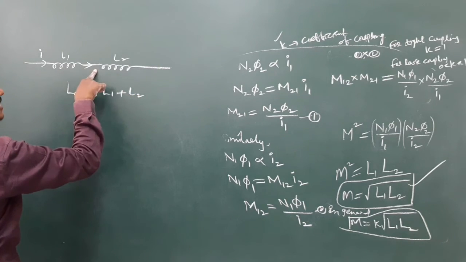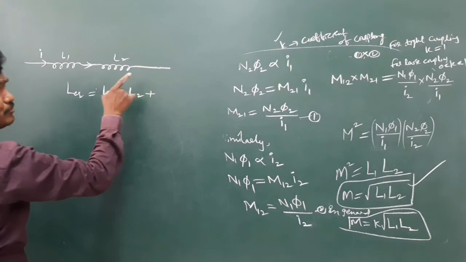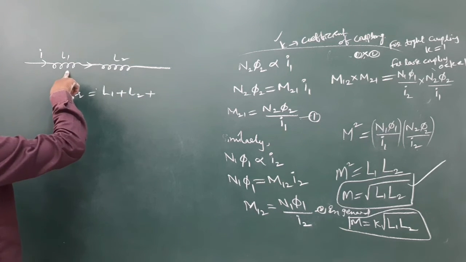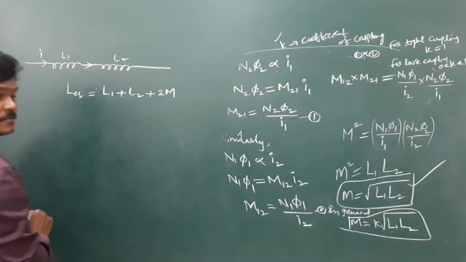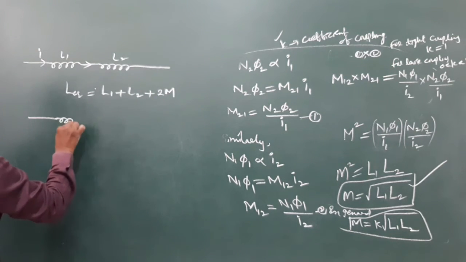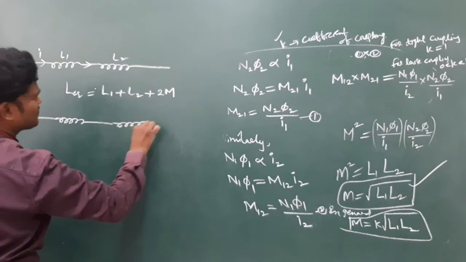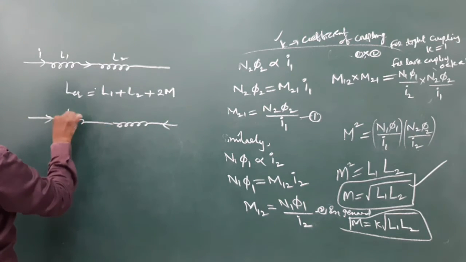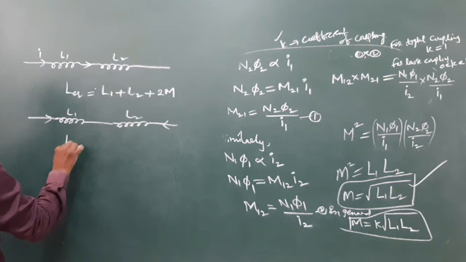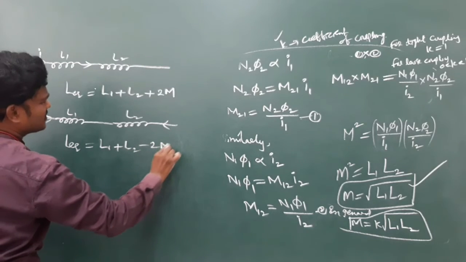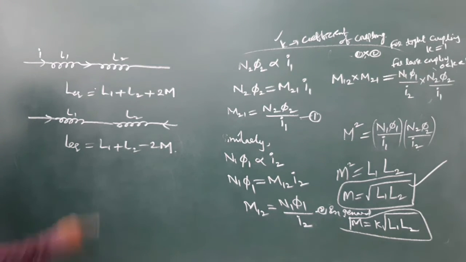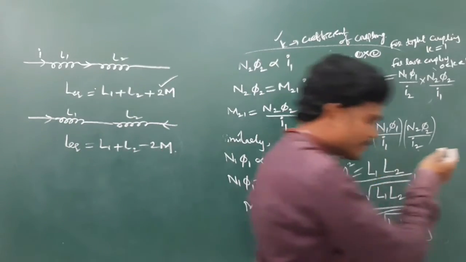If currents are in the same direction, there will be a mutual inductance of 1 with respect to 2 and 2 with respect to 1, so we write 2M. If currents are in different directions, you can write the equivalent inductance as L1 plus L2 minus 2M. If currents are opposite, you write minus 2M; same direction means plus 2M.